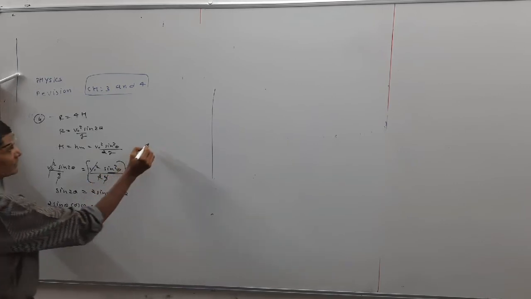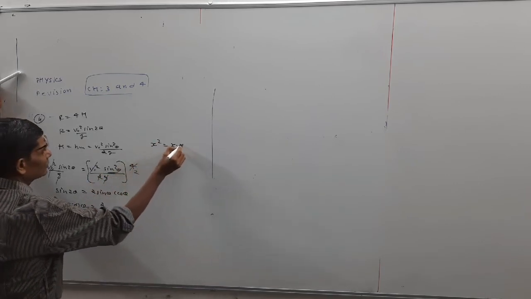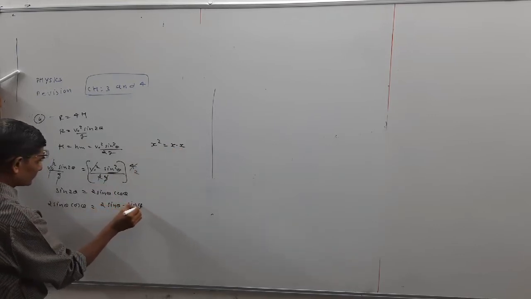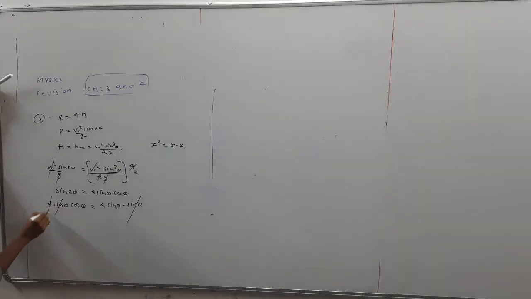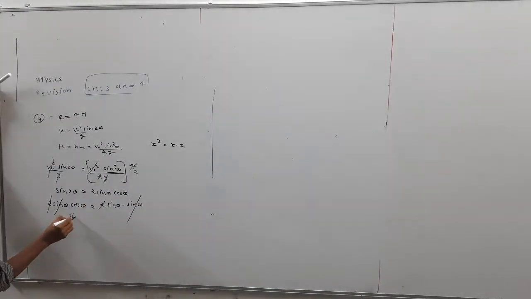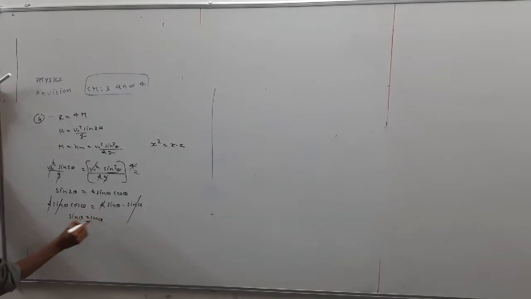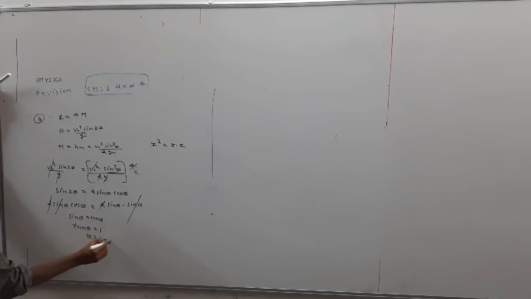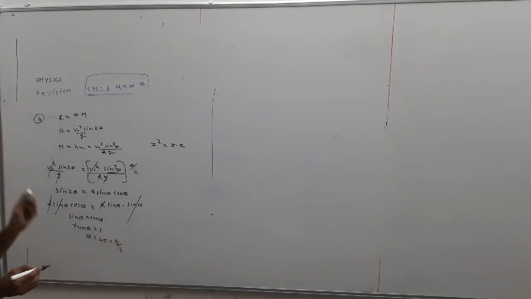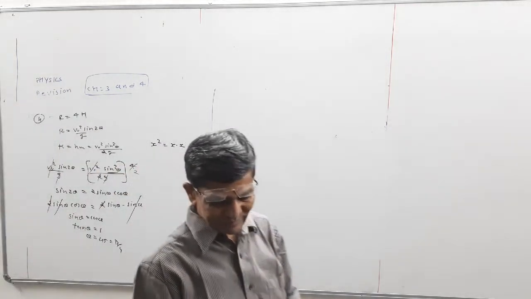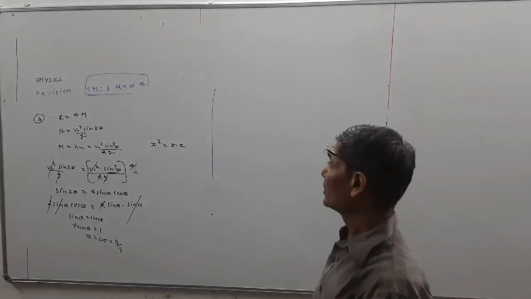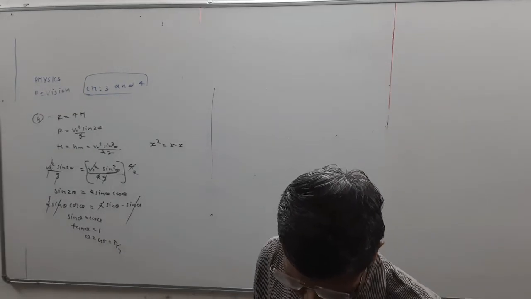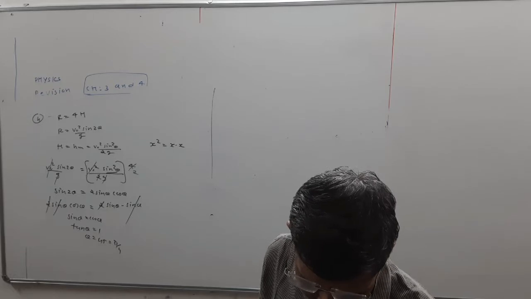We can write sin square theta as sin theta into sin theta. So one of the sin theta will cancel, and 2 will be cancelled. So sin theta is equal to cos theta, that is tan theta is equal to 1, theta is 45 degrees or pi by 4. So when the angle of projection is pi by 4, the range will be equal to 4 times the height.